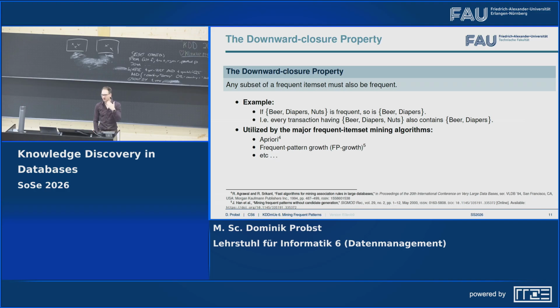Because if we know that the combination beer, diapers, and nuts occurs often enough in our database, we know that beer and diapers is also often enough in the database. It might be present more often, but at least as often as the bigger item set.